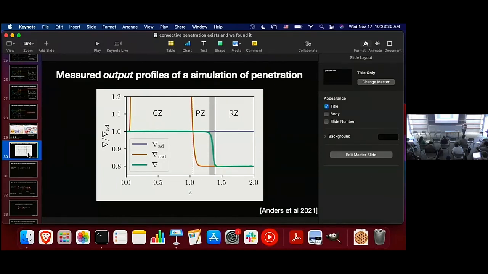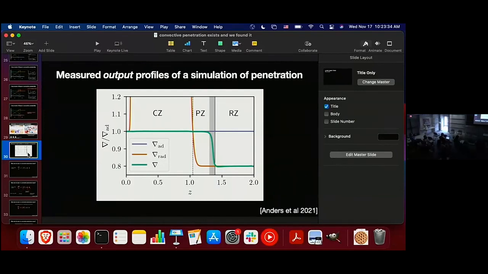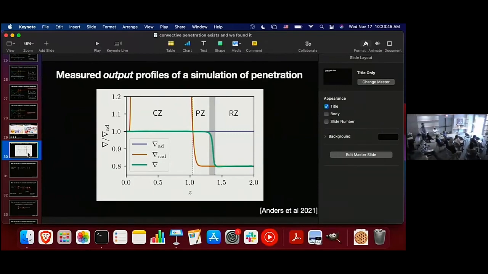Other questions? Radek Smolec here. I'm a bit confused with this definition of convective boundary in evolutionary codes in 1D and in 3D. In 1D, the convective boundary was defined as a place where velocity vanishes, and it resulted from the application of the Schwarzschild criterion on the convective side.